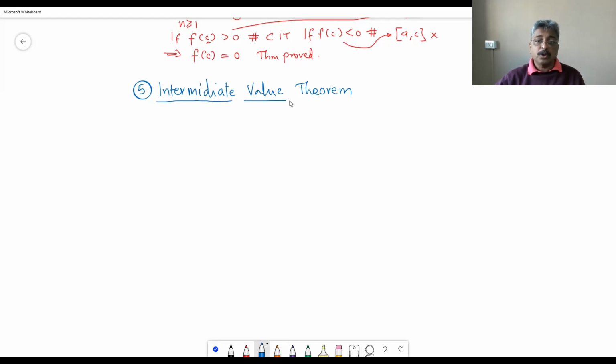This is one of the most important theorems in differential calculus. Let I be equal to the closed interval [a, b].